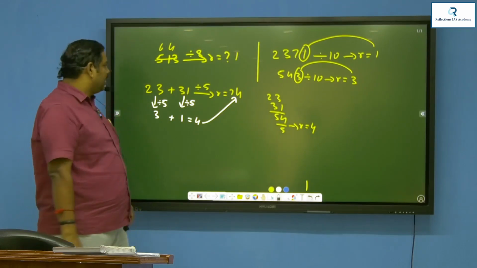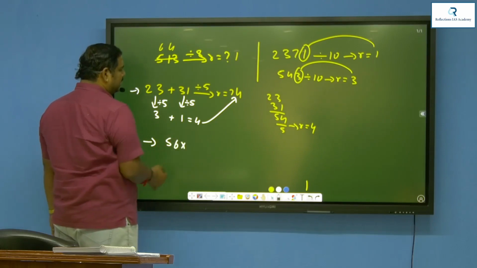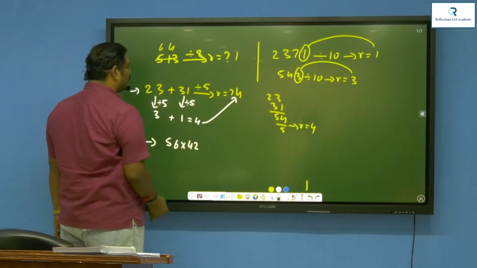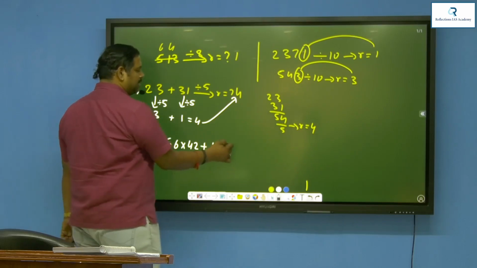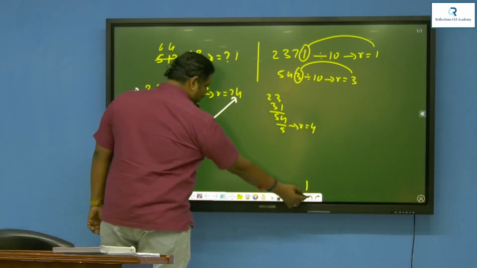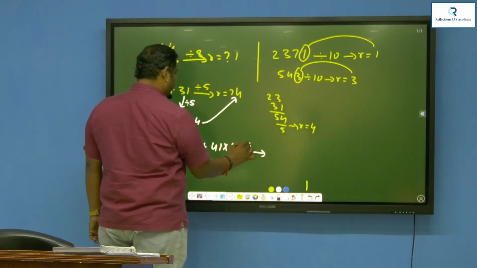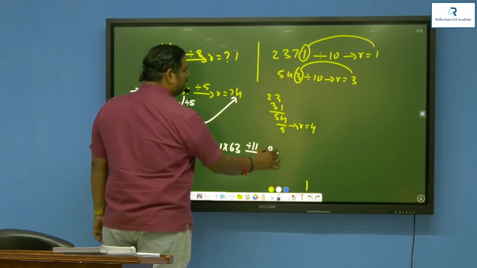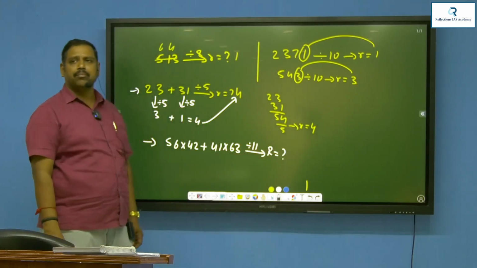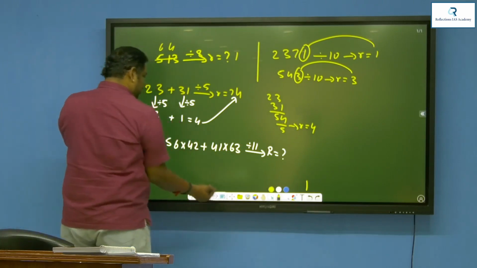Suppose I have given 56 into 42 plus 41 into 63, when you divide with 11, what is the remainder? Then what I can do is simply go with individual remainders.